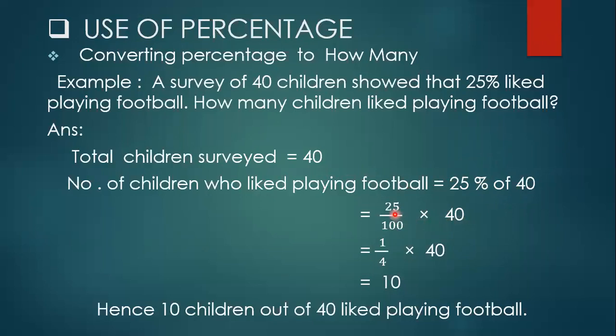Here 25 by 100 we can change into the reduced form, 1 by 4. 25 ones are 25 and 25 fours are 100. So we get 1 by 4. 1 by 4 into 40. 1 into 40 is 40, divided by 4 gives the answer 10. So out of 40 students, 10 children liked playing football.